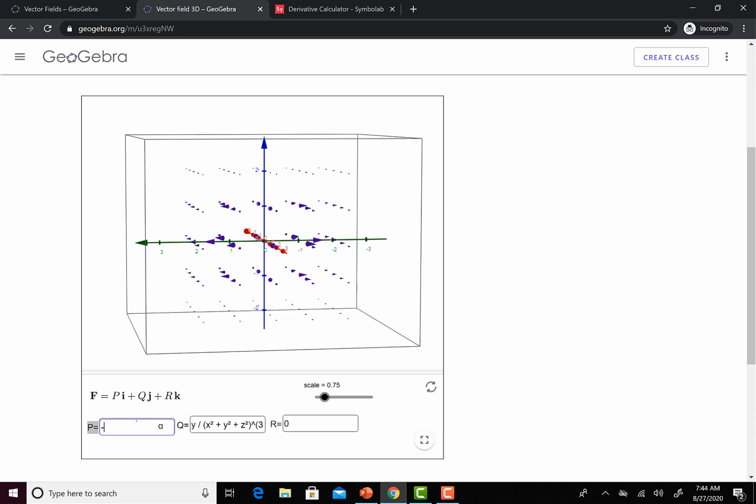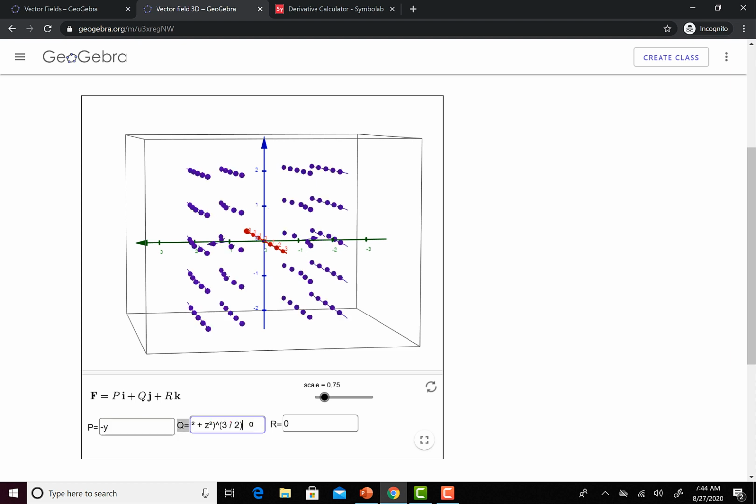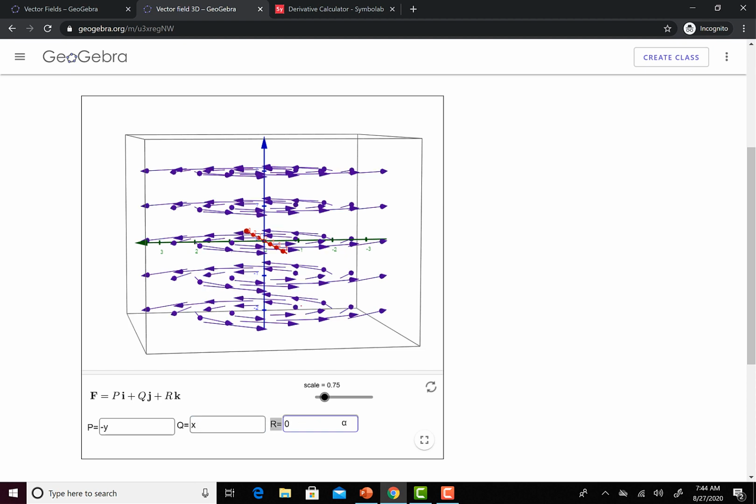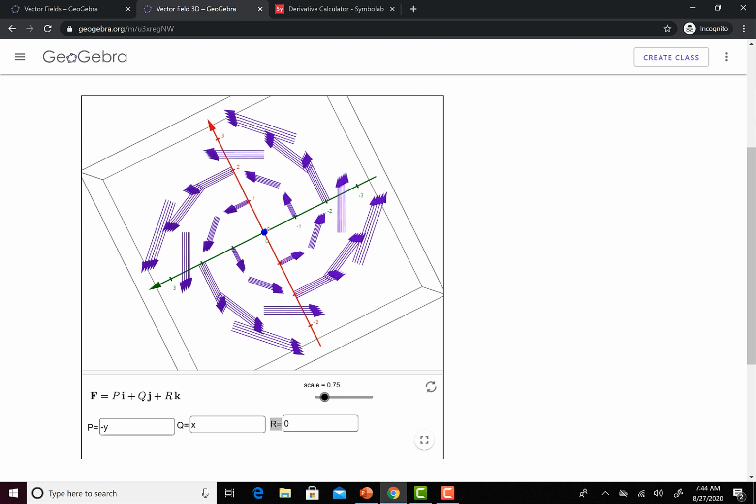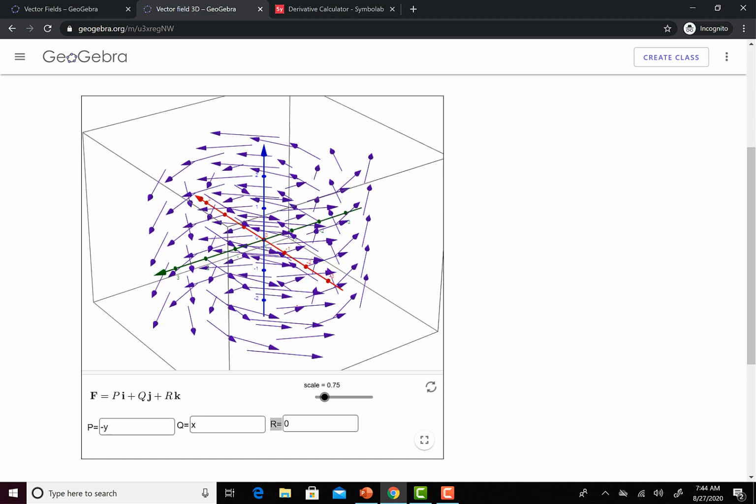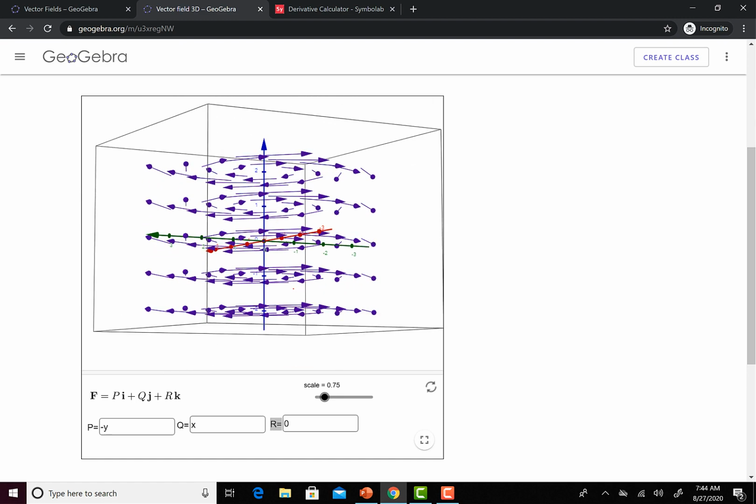This is minus y along the x-axis, and x along the y-axis, and there's nothing along z. Now if you look at this, you can see how the field is curling around.